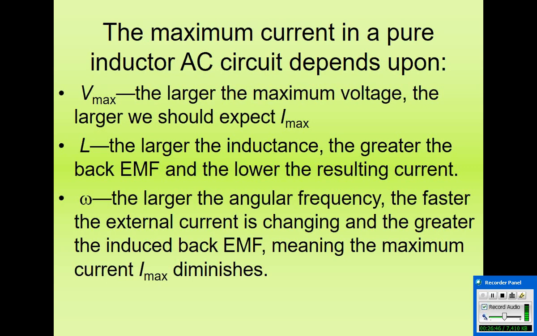In addition, the inductor behaves differently than a capacitor or resistor because the inductor depends upon how rapidly the current is changing. And if omega is large, if the angular frequency is large, that means that current is rapidly changing. And the more rapid the current changes, the greater the back EMF. So if omega goes up, the back EMF goes up, and the maximum current will go down.